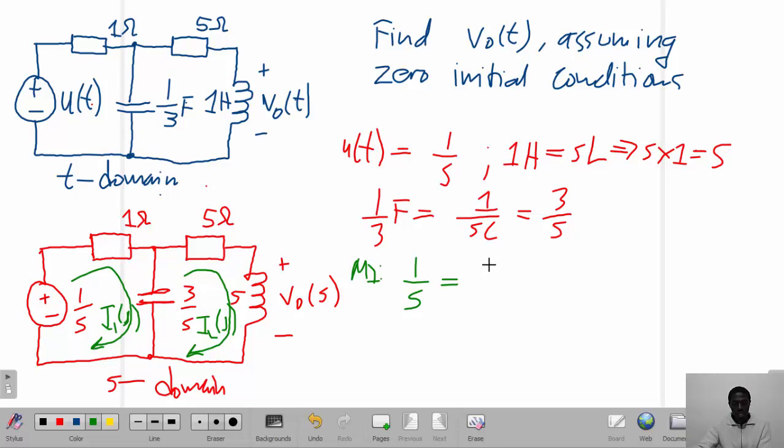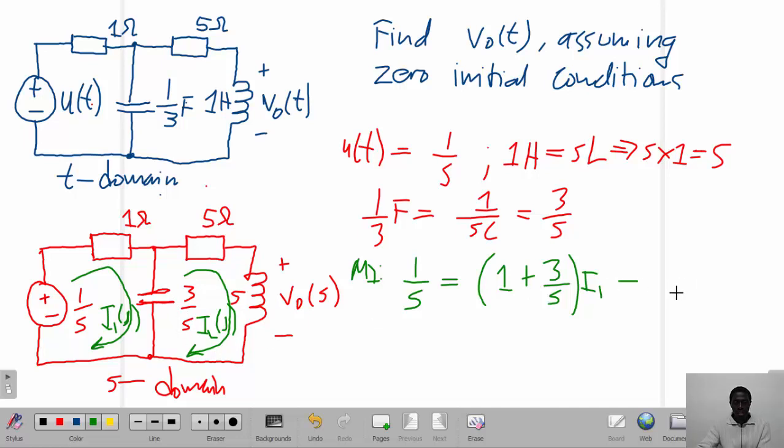So we'll take this simply as 1 plus 3/S. This multiplies by I1, which is this current here, I1(S), and this subtracts the current that is flowing in the opposite direction from I2.